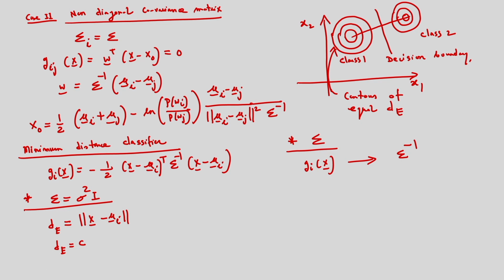For this, I can determine the Mahalanobis distance, which I have already defined: (x minus mu i) transpose sigma inverse (x minus mu i), to the power one by 2. So the minimum distance corresponds to the maximum discriminant function.